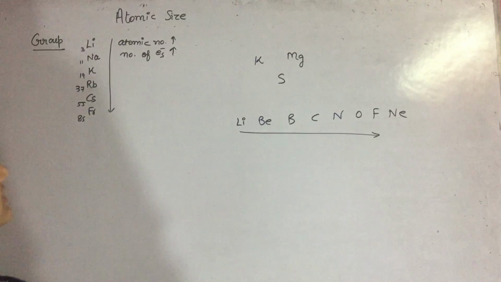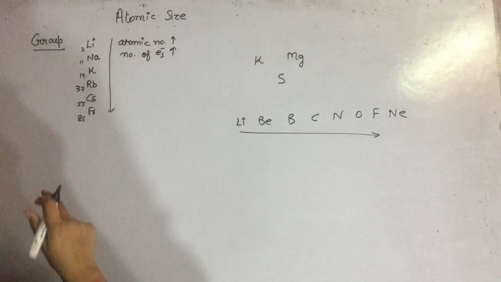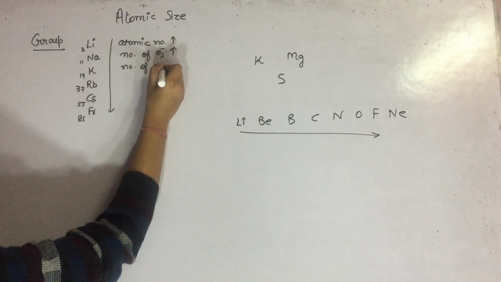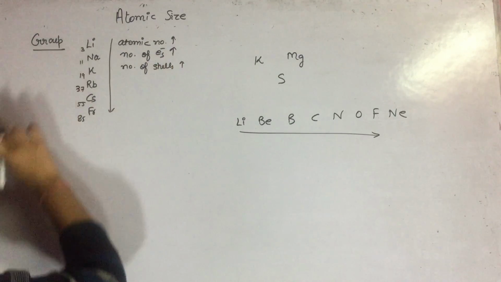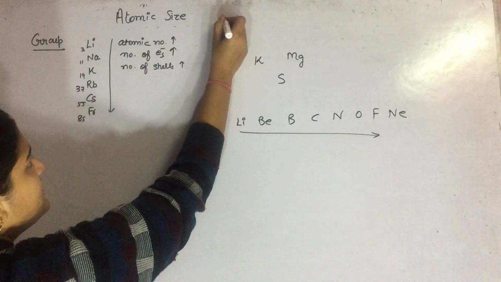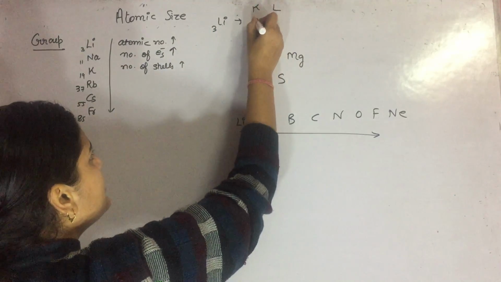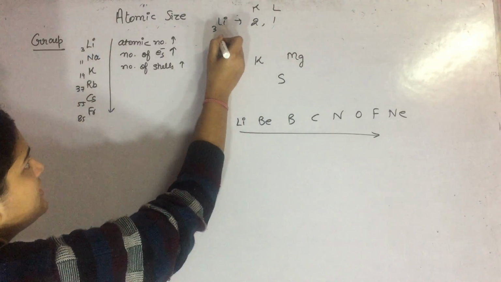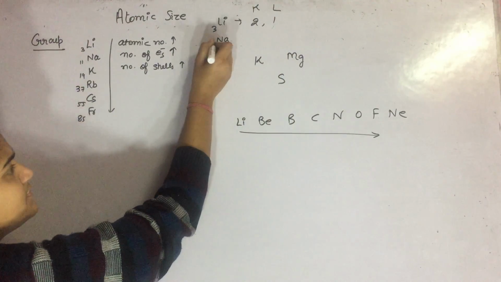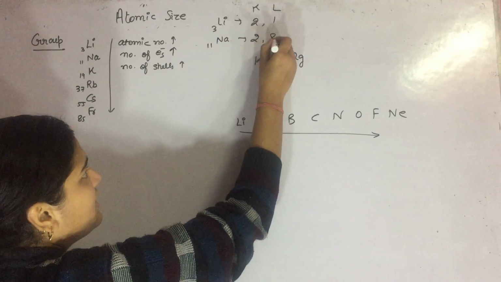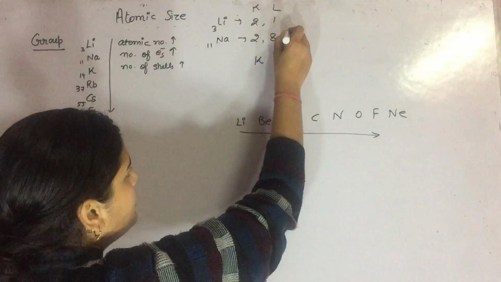If the number of electrons increases, then the number of shells will also increase. Listen, this is lithium whose atomic number is 3, so its electronic configuration is 2, 1. This is sodium, which has atomic number 11, so the first shell has 2, then 8, then 1.